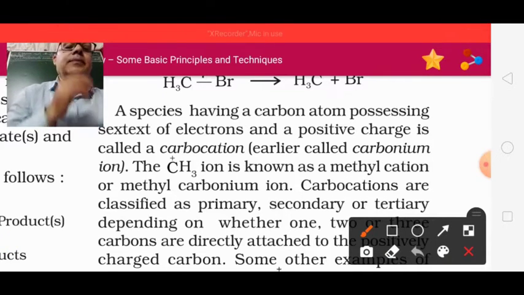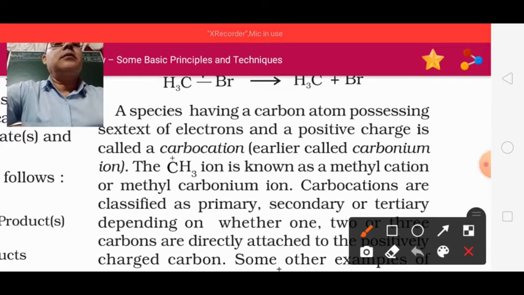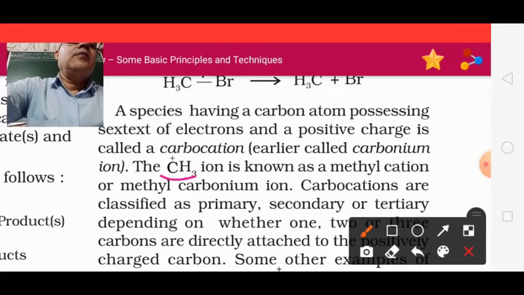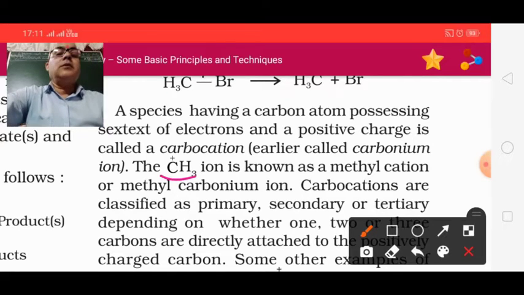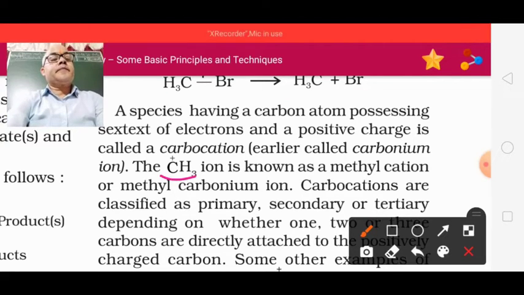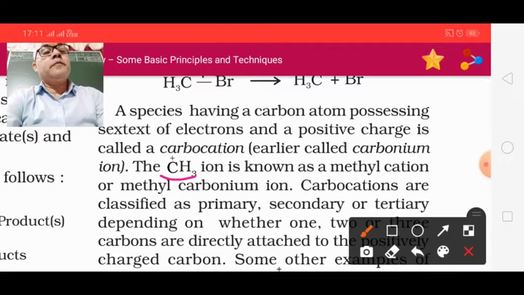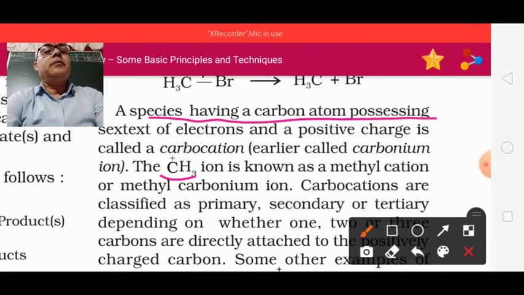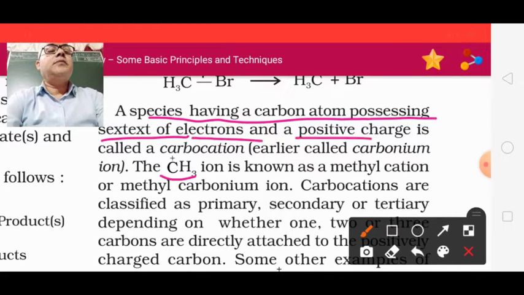Students, in this example, as you are looking, the methyl group has a positive charge. A species having a carbon atom possessing a sextet of electrons and a positive charge is called a carbocation. It is also known as a carbonium ion.